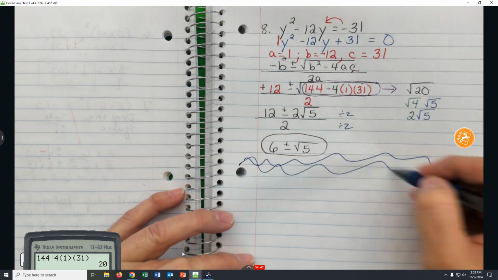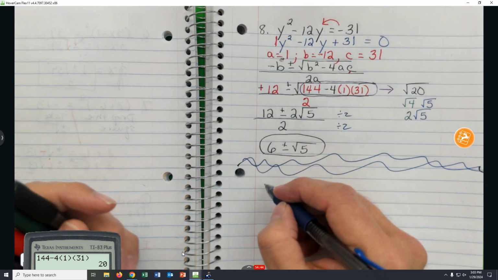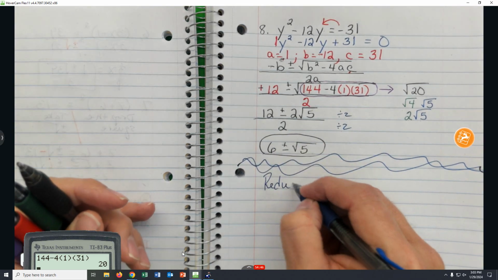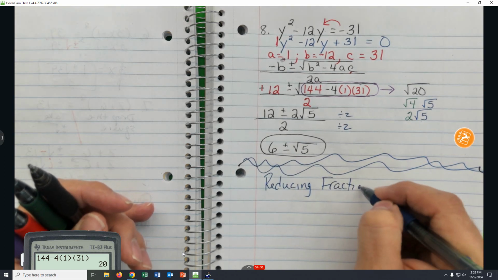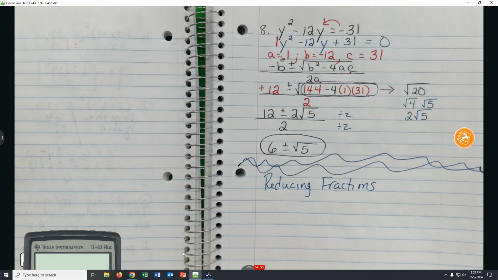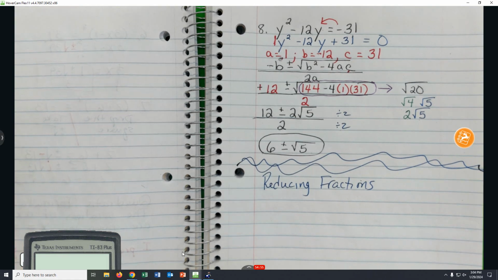But I just want to mention reducing fractions. If we had something like this, let's see, I made up some examples.